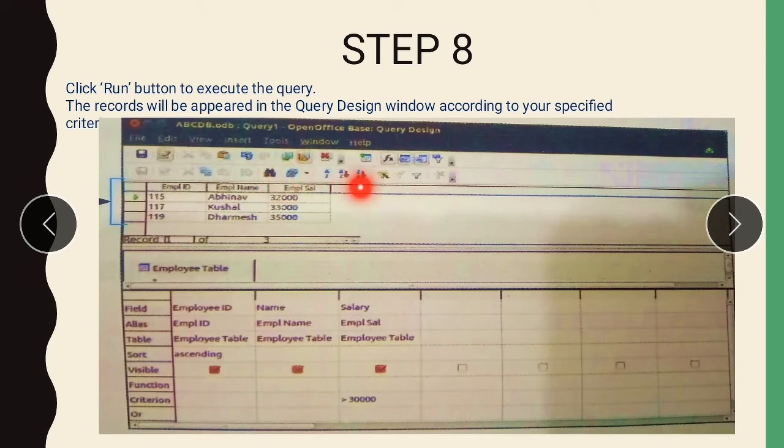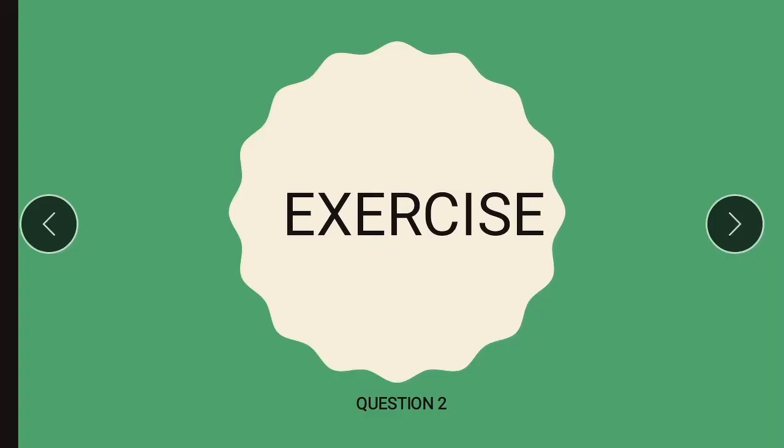So when you click on the run button, you can see in the top section the query result is displayed. So all the employee details having salary greater than 30,000 is displayed here. So this is step 8. So that's all how to create a query in design view.